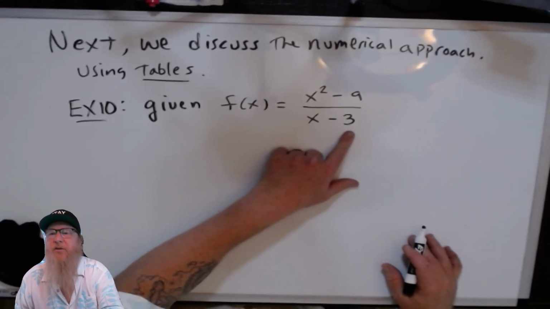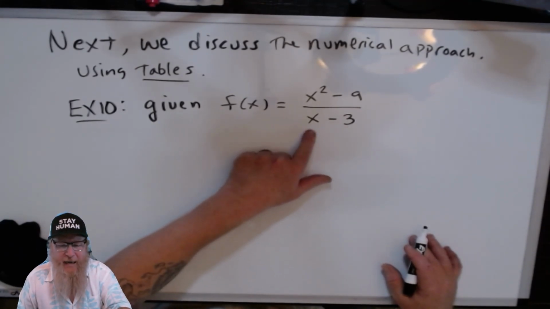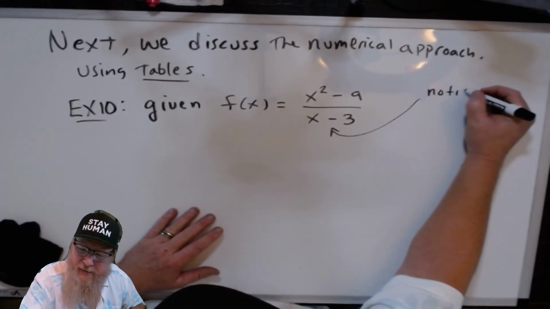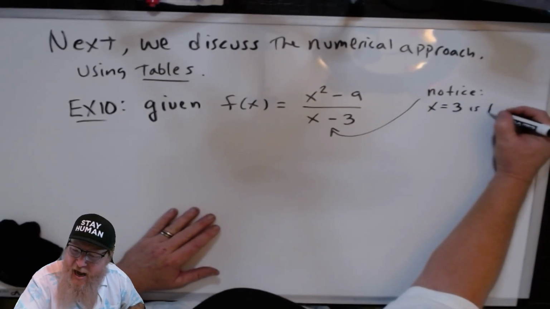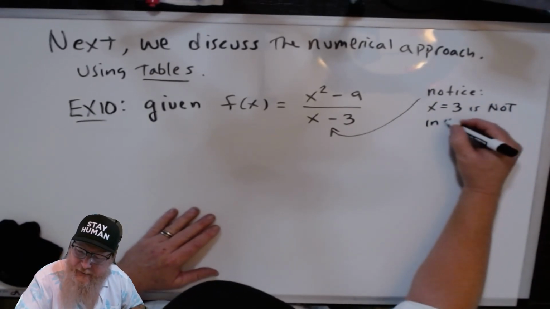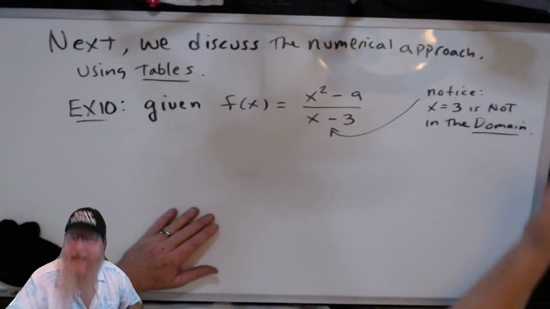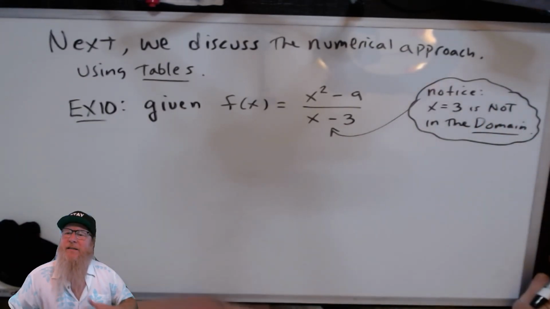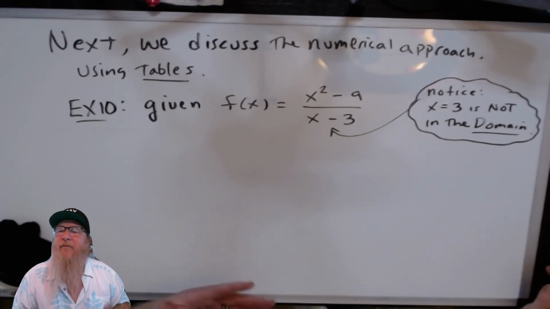Now, one of the reasons we're interested in x equals 3 is because you can't plug in 3. Notice x equals 3 is not in the domain. I'm not going to give a big long lecture about algebra, but if you recently completed an algebra course, there was lots of discussion about finding the domain.